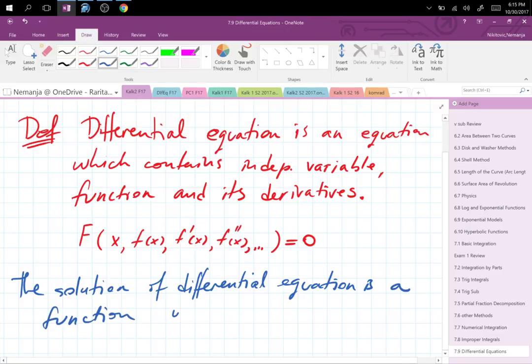You can say y equals f of x. And that's the same one that it's plugged into the equation itself.